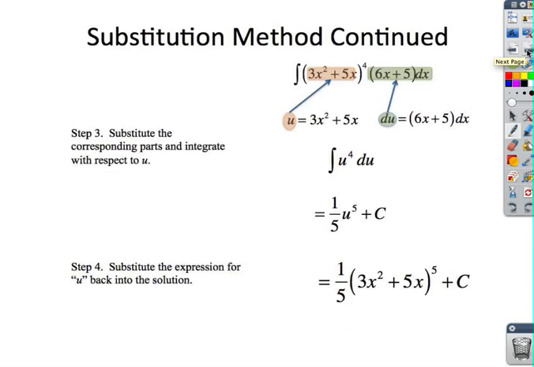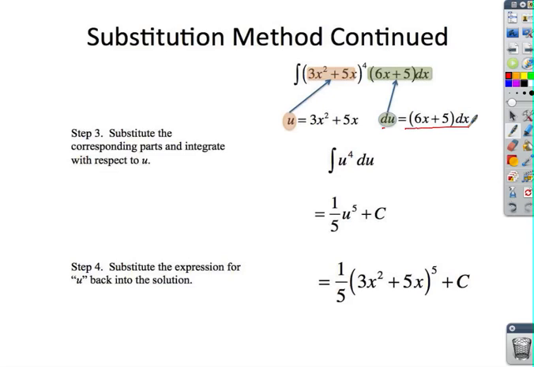The next step then is to recognize in the original expression which parts we now have defined. Well, it was obvious we chose u to be the 3x squared plus 5x. But now what we've calculated from the previous step is that du is actually equal to 6x plus 5 dx.